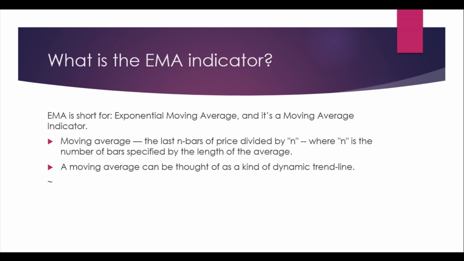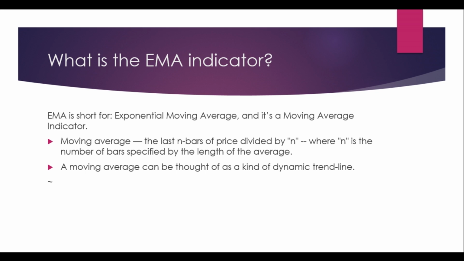So in short, an EMA stands for the exponential moving average. It's a moving average indicator. The moving average takes the last n number of bars of price and divides them by that number. So if you look at an EMA of 20, or MA of 20, you're looking at the candlesticks over the last 20 periods, whether it's on a 5-minute chart, 20-minute chart, or 1-hour chart.